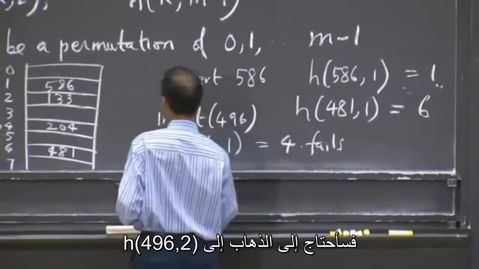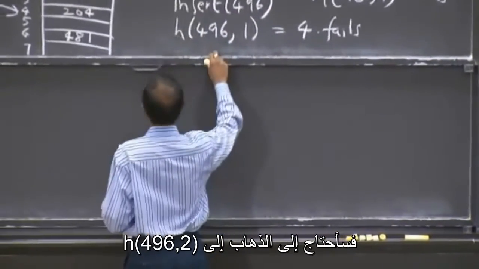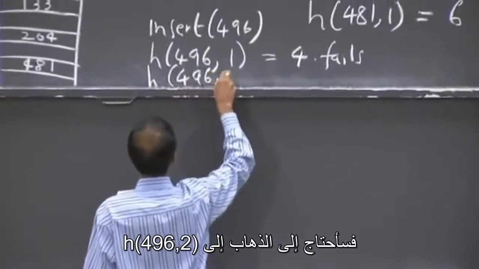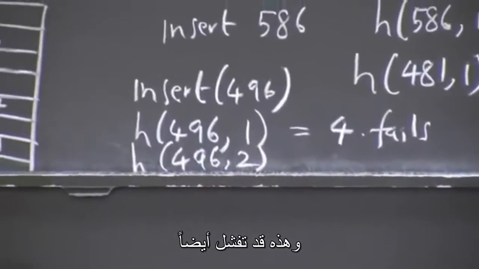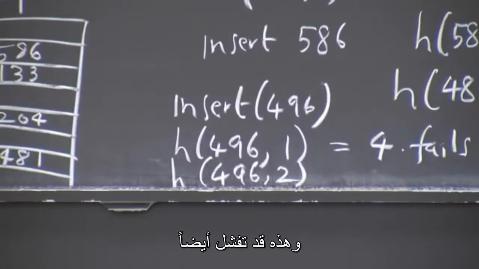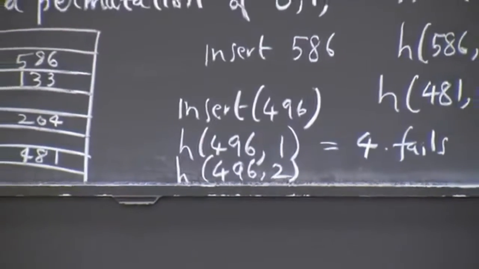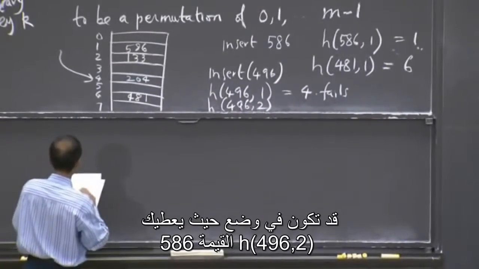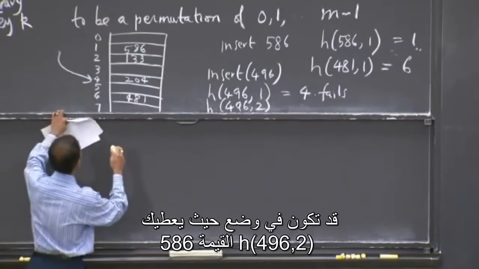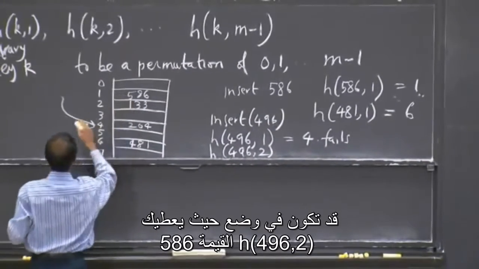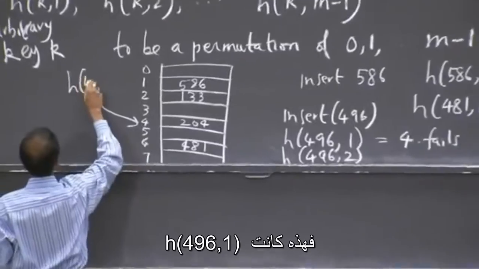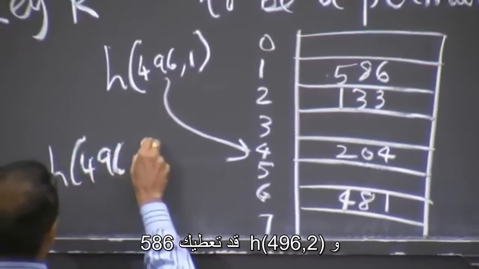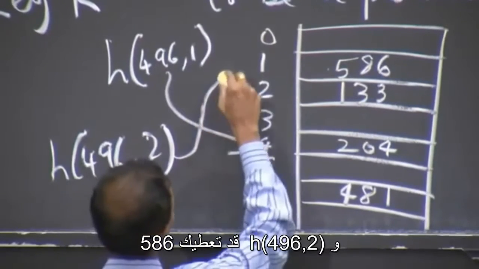So I need to go to h496 2, and h496 2 may also fail. You might be in a situation where h496 2 gives you 586. So h496 1, h496 2 might give you 586.